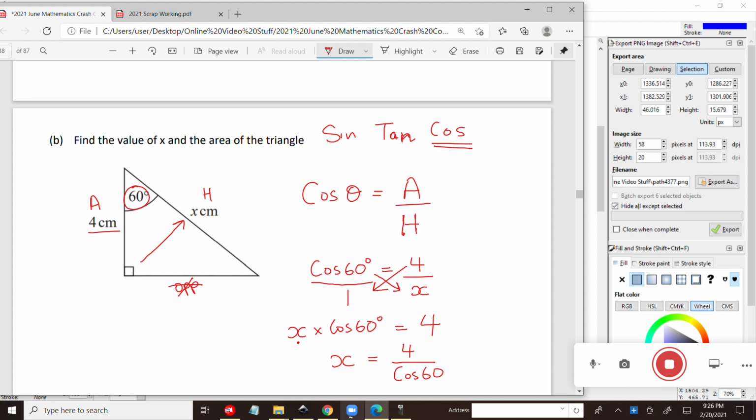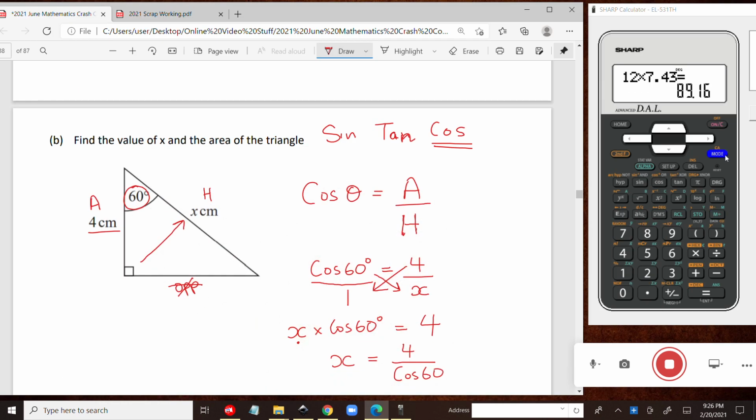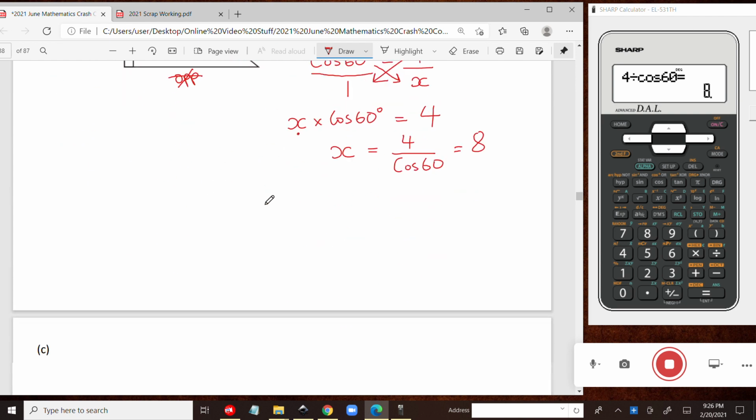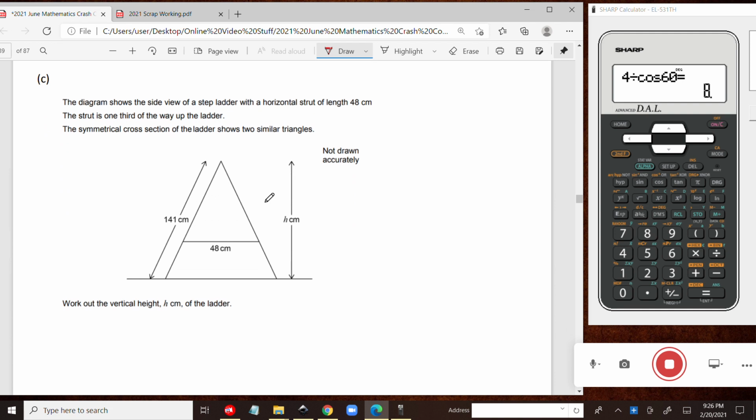So let's work that out on the calculator. 4 divided by cos 60. Hey, we got a really nice answer. The answer is 8. So this length here is 8 centimeters. Super easy, right?